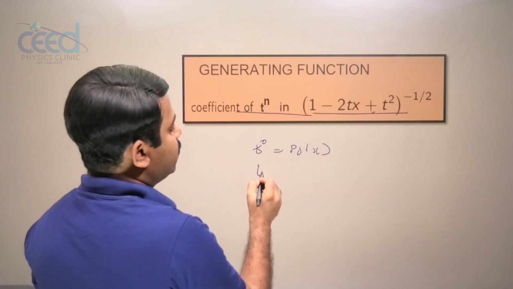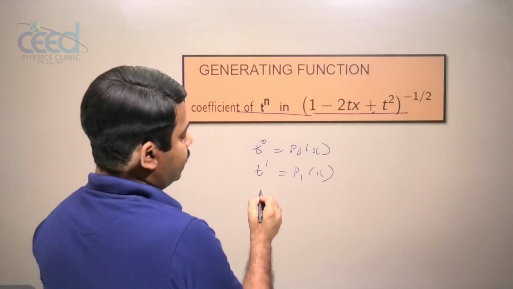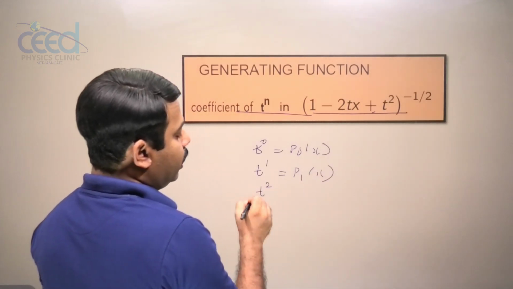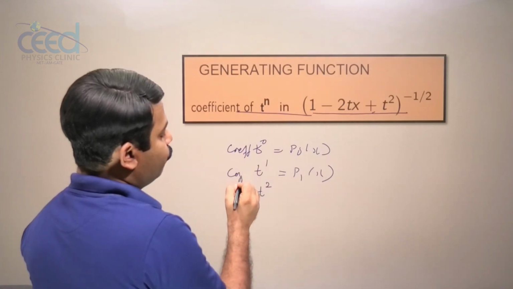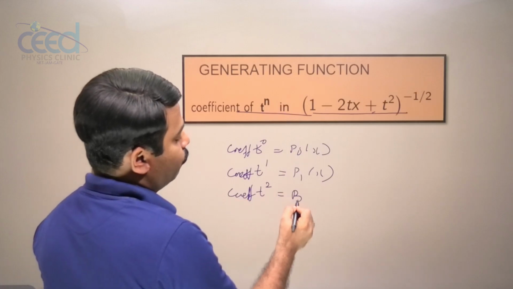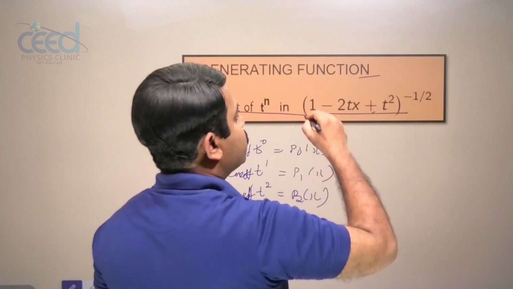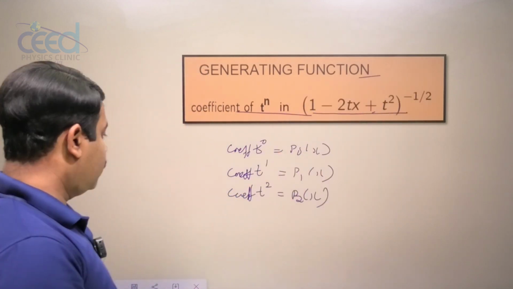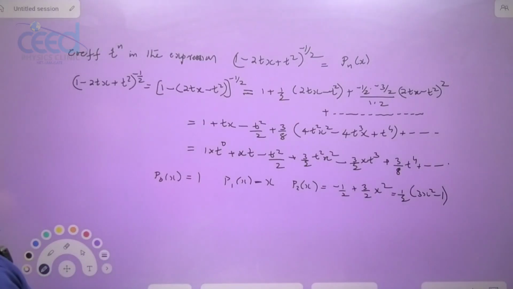In this expansion, the t raised to 1 coefficient you find, you get p1 of x, right? The t raised to 2 coefficient, the coefficient of t square, that is p2 of x. Where you have to find this coefficient? In the expansion of this, right. So let us verify that. We can go to the board, right.